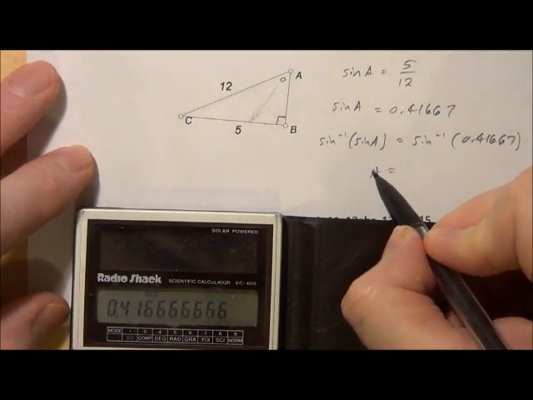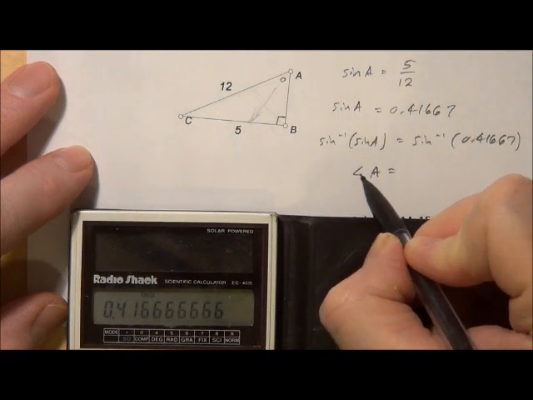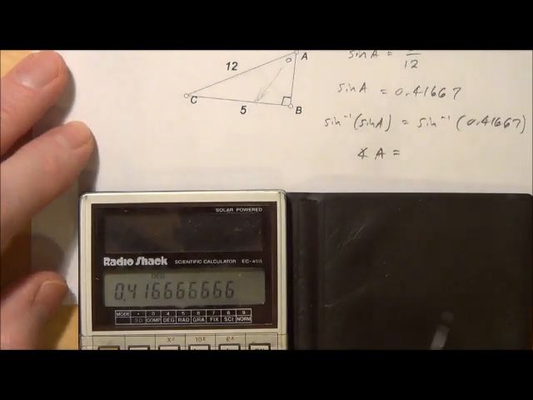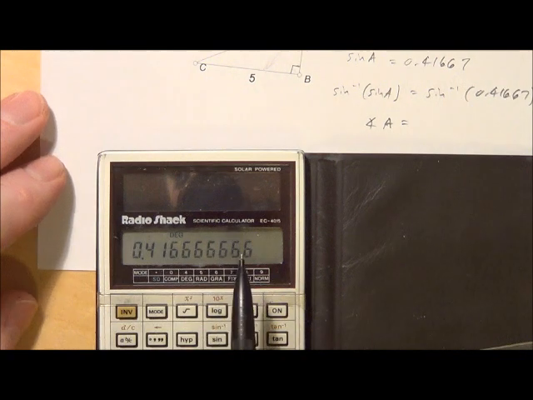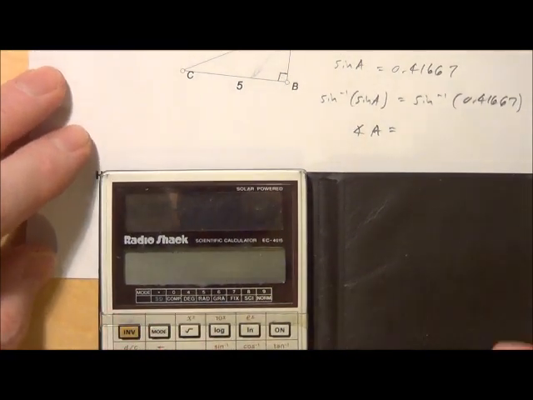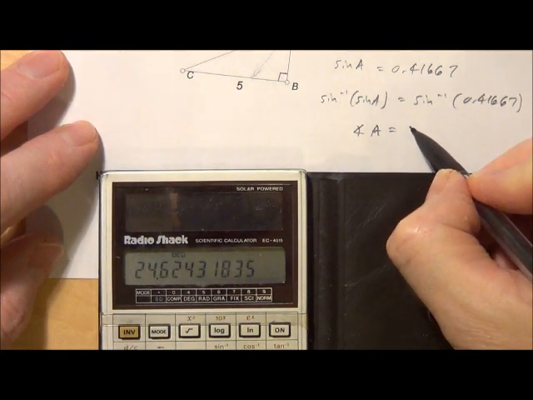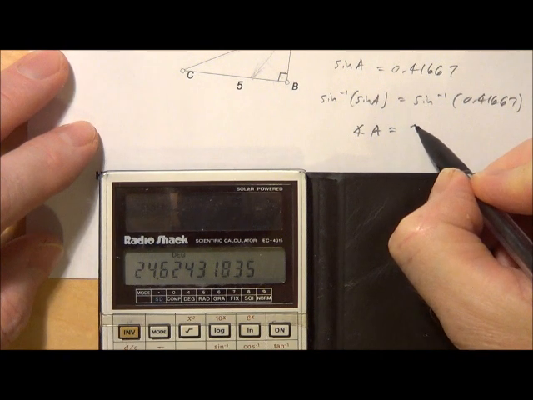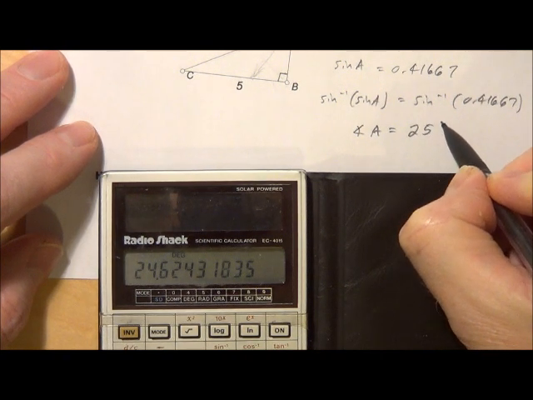Therefore, the inverse sine and the sine just cancel out, so we're left with angle A equal to, and if you just leave this on your calculator, it'll give you a more accurate result, inverse sine, and that will give us 24.6 degrees, rounded to the nearest degree is 25 degrees.